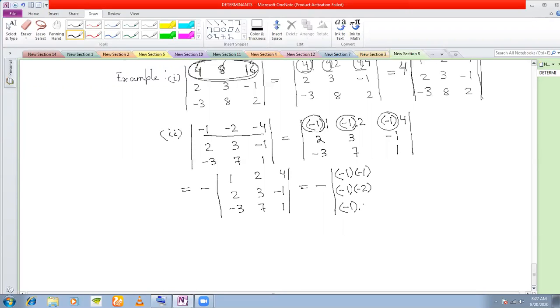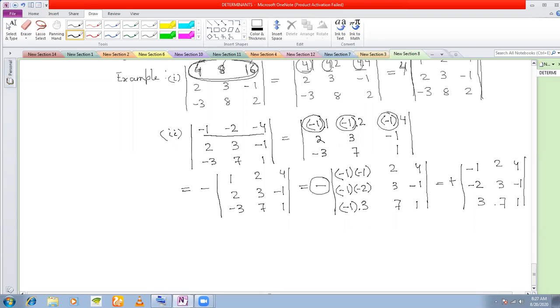The rest: 2, 3, 7, 4, -1, 1. Now I already have a negative sign outside, right? If I'm taking a negative sign -1 outside again, this becomes a plus. So we get -1, -2, 3, 2, 3, 7, 4, -1, 1.